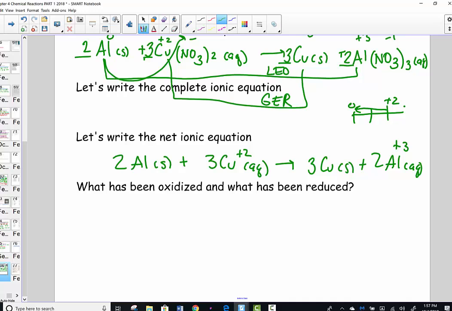I eliminated the spectator of nitrate. When you look at a redox reaction, they must be balanced by both mass and charge.